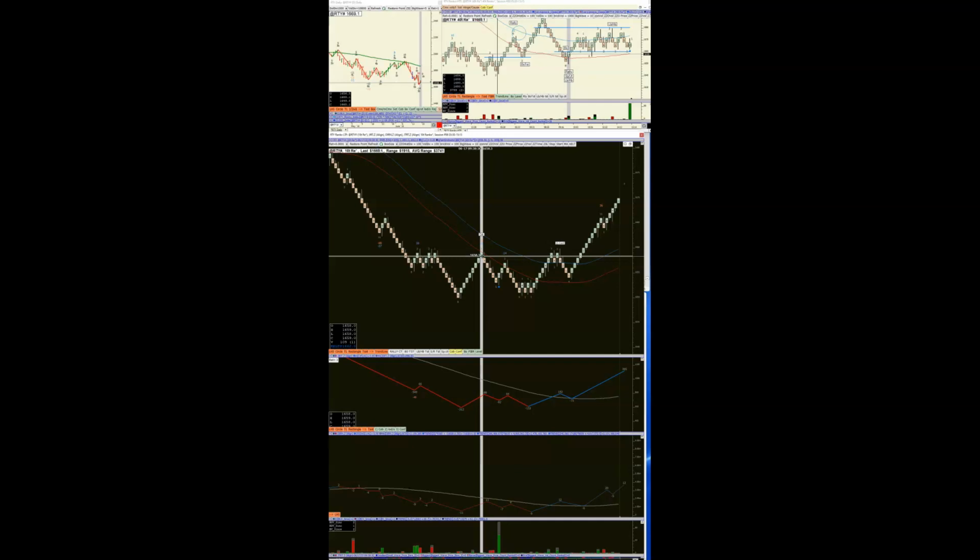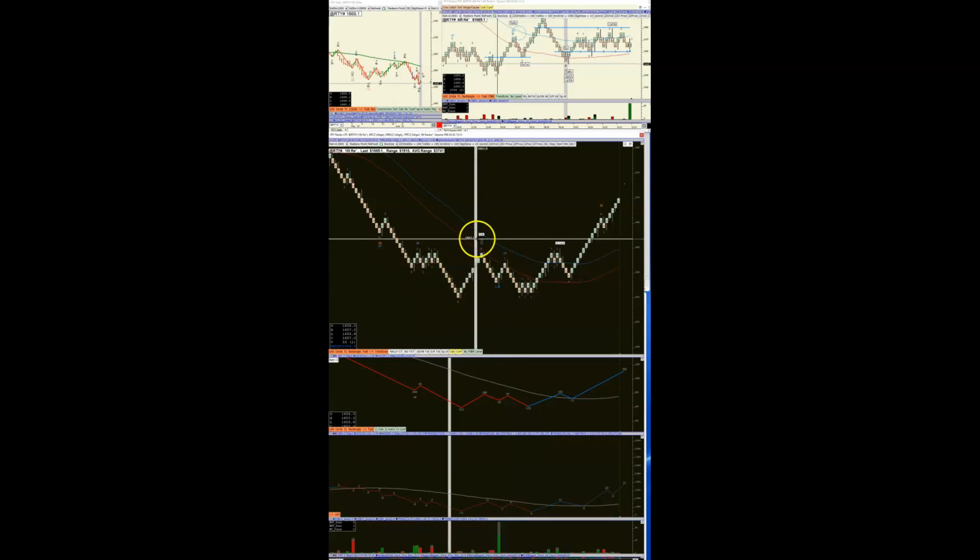The likelihood of this being a change of behavior now has automatically increased, because the likelihood of a change of behavior increases at support and resistance levels. Bullish change of behavior at support level, bearish change of behavior at a resistance level.